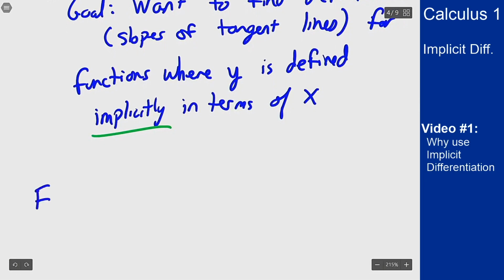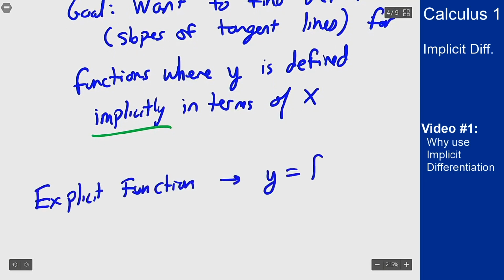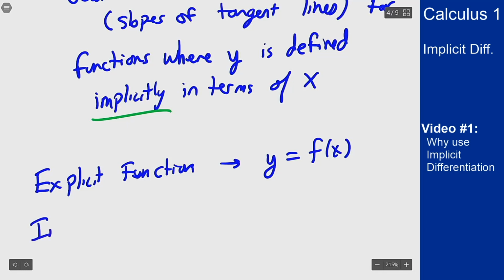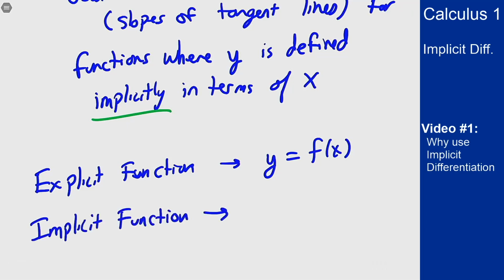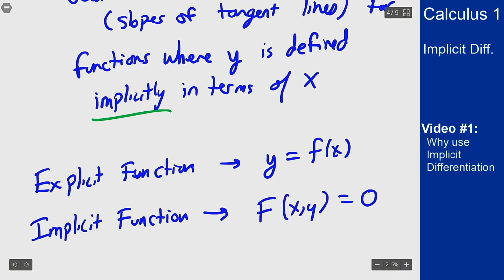So an explicit function is when you have y equals f of x, the y is by itself on one side, and all the x's are on the other side. An implicit function is sort of when the x's and y's are intermingled in more complicated ways. So in the most general form, it's written as f of x, y equals 0.